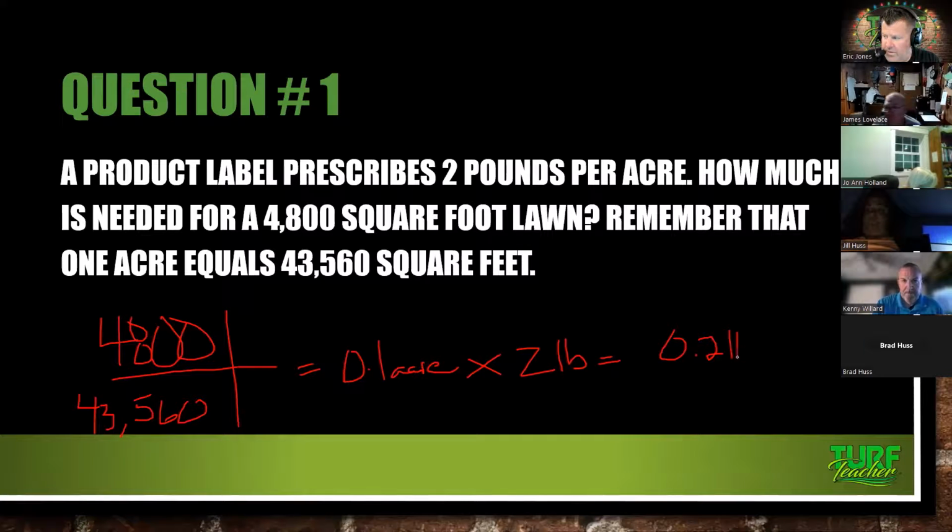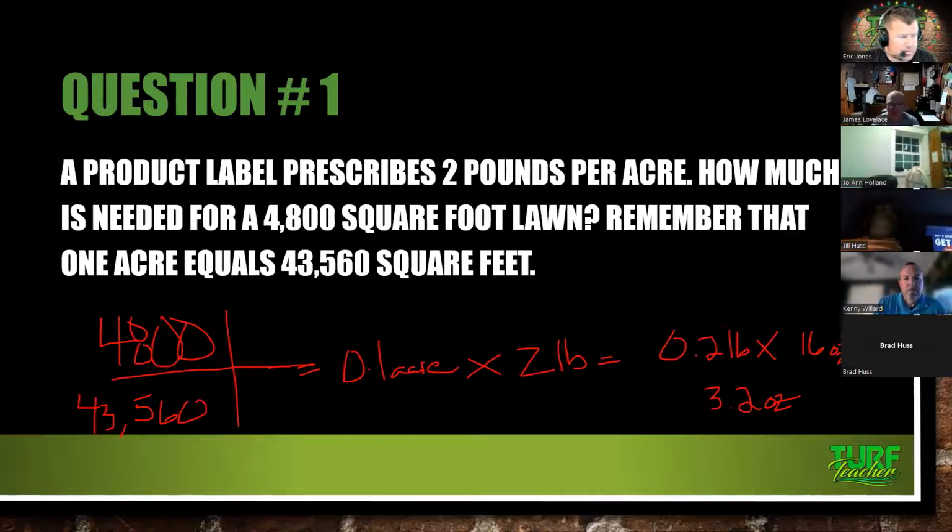And if we wanted to get that to ounces, we just multiply that times 16, since there are 16 ounces in a pound. We need 3.2 ounces. So easy enough with that one. We could have set it up with dimensional analysis, but that one was just a little bit easier to do that way.